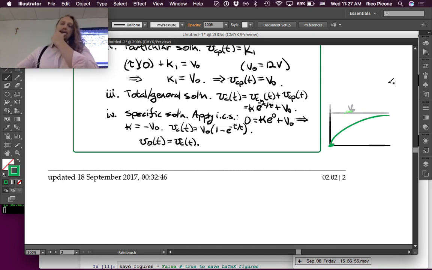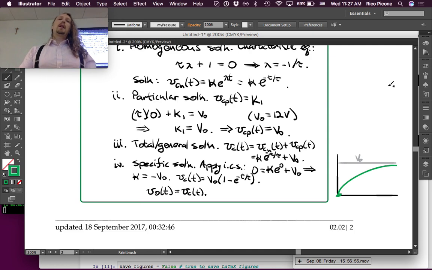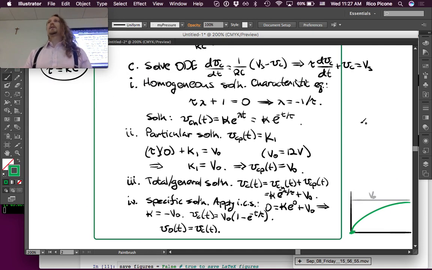And yeah, so that's pretty much the solution for this. This is the output voltage as a function of time. We went through all the steps. It was pretty easy to solve this differential equation, right? And it's really similar to the next problem, which has a sinusoidal input.